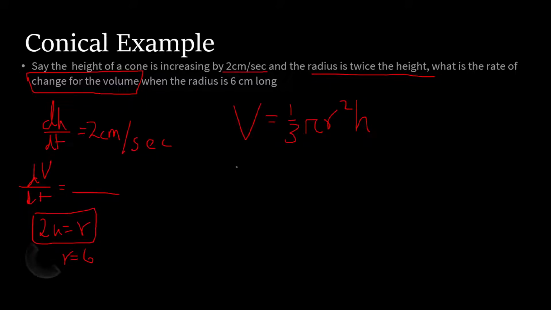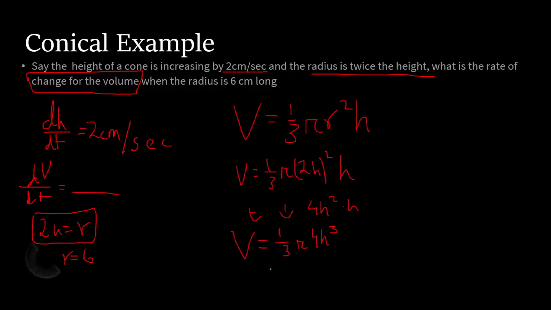So here, V is equal to 1 over 3 pi (2h) squared times h. And that's going to equal 4h squared times h, which is also going to equal 1 over 3 pi 4h cubed is equal to V. So now we're going to find the derivative.